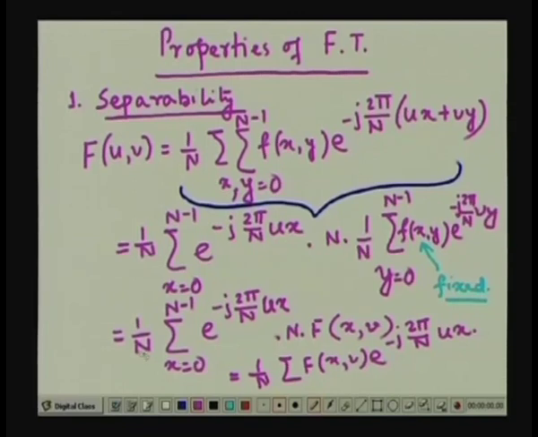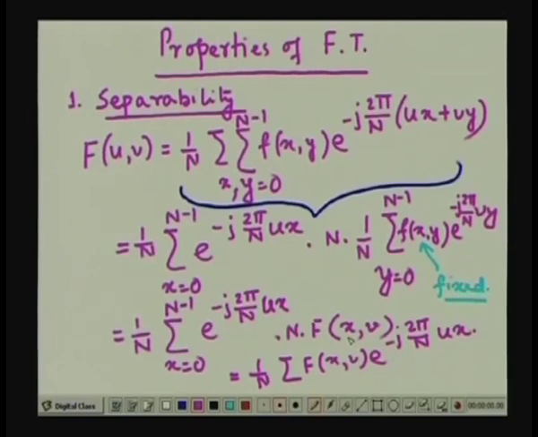And this second summation takes these intermediate Fourier coefficients and performs the Fourier transformation over the columns to give us the complete Fourier transformation operation, F of u v.